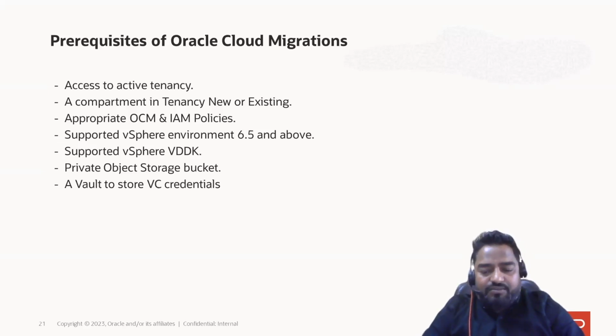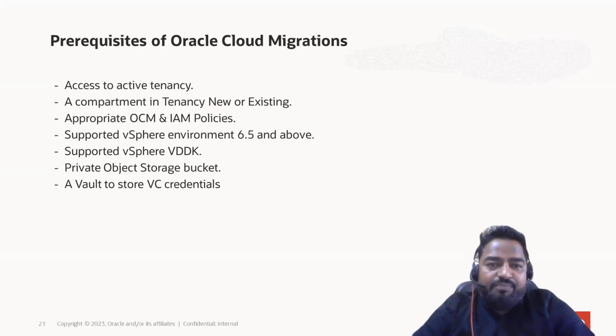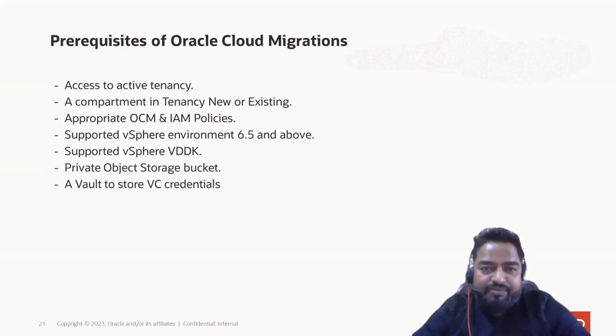While we talk about setting up our tenancy, there are different prerequisites we should take care of before we set it up. We should have the active tenancy where the customer wants to migrate their workload. We need a compartment. That compartment might be an existing one, or you can create a new one.